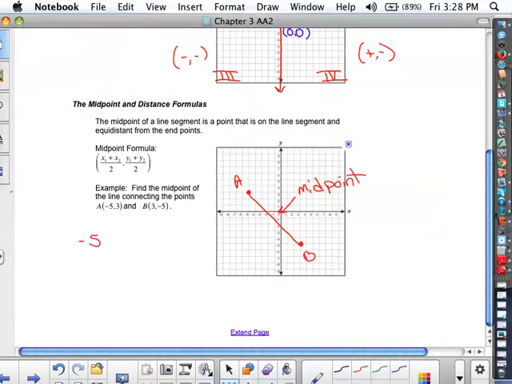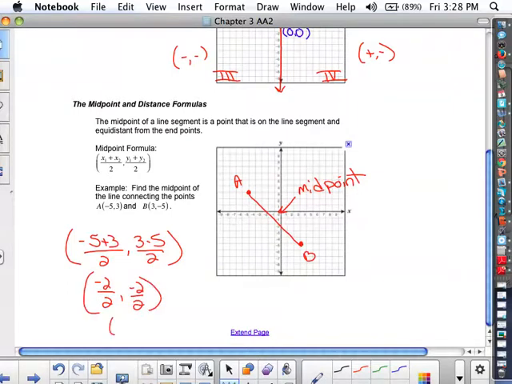Minus 5 plus 3 over 2, and 3 minus 5 over 2 will give me minus 2 over 2 and minus 2 over 2. So my ordered pair for the midpoint of that segment AB would be minus 1, minus 1. And as I said, you've seen that before. That's not hard to calculate.